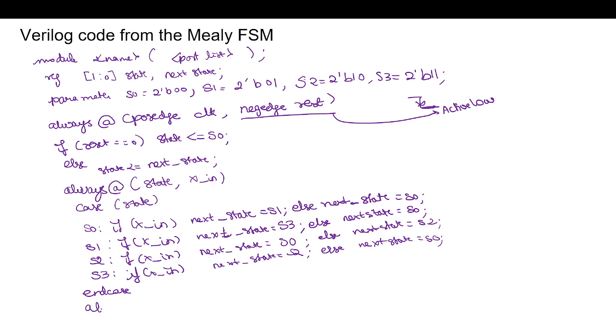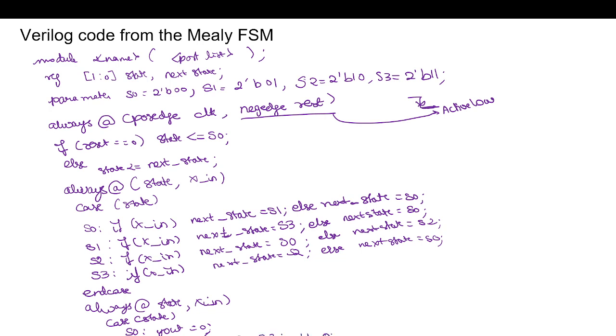And then we have to assign the output. Okay. So if it is in S0 state, y out is equal to 0. It's the initial state. Then S1, S2, S3.